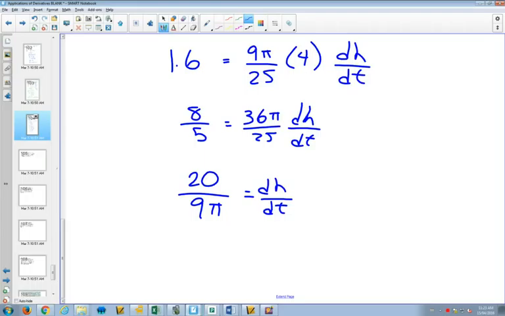I multiply both sides by 25, so that's going to cancel out, leave a 5 on the top. Divided both sides by 36 pi. And the 36 and the 8 will leave me a 4 and 9 when I simplify. And so 5 times 4 is 20, and then I've got left with 9 pi on the bottom. If we figure this out as an actual value, we get 0.707.